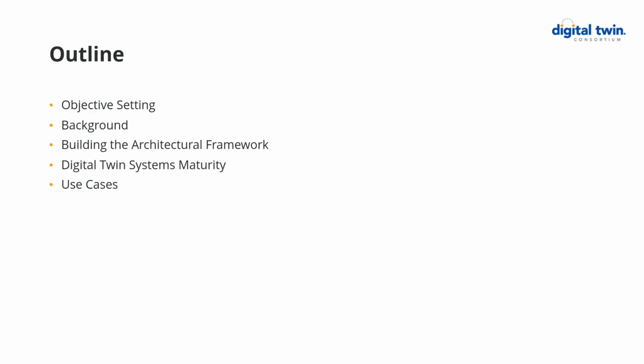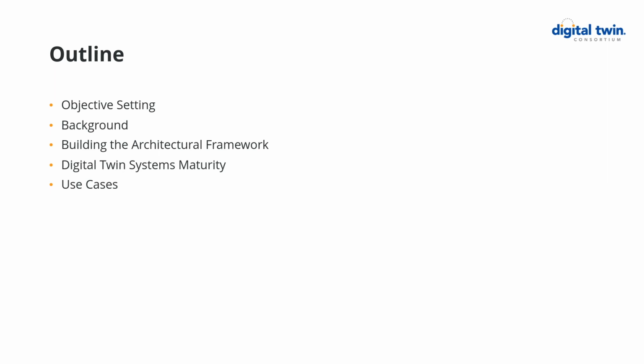So let me just start with a quick overview of what we're going to cover in the next 20 to 25 minutes or so, exploring what was published in that paper and diving into some of the details behind that. We're going to start by laying out the objectives, the thinking that went into defining this architectural framework, what we were trying to achieve, refresh our memories on some of the background, and then step through the key building blocks of that framework and the details you can find in the paper.